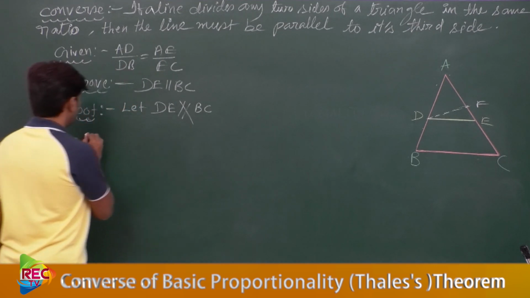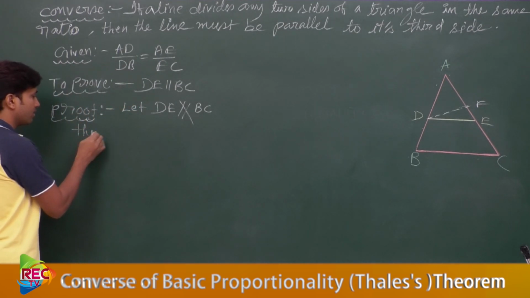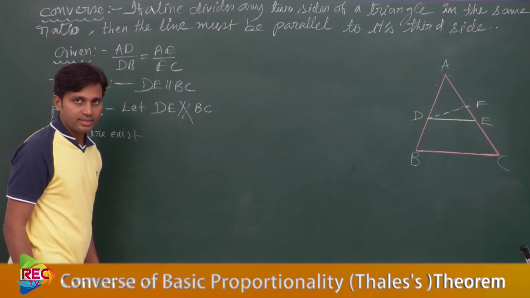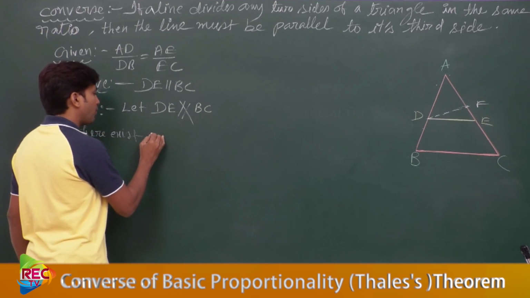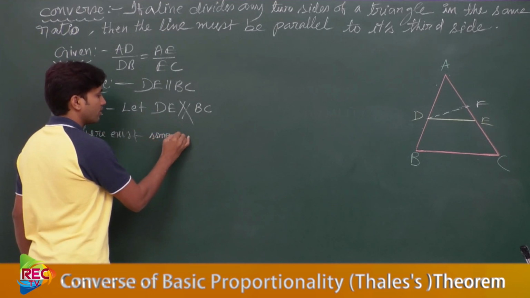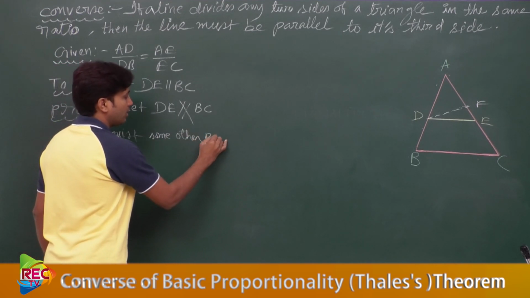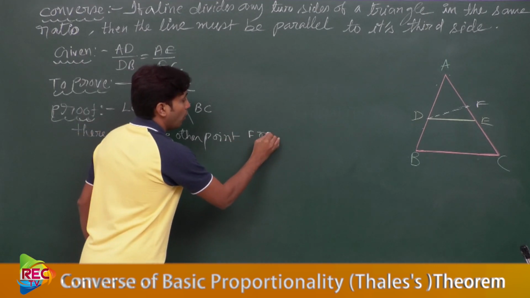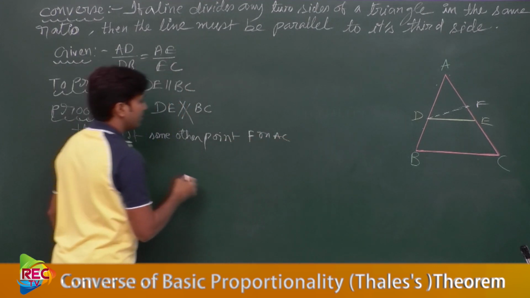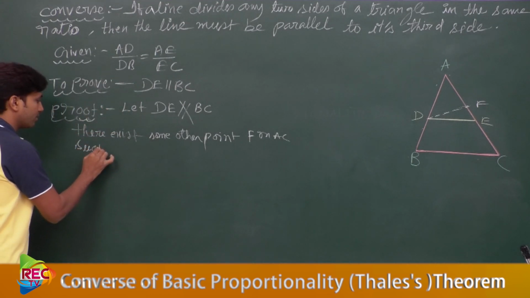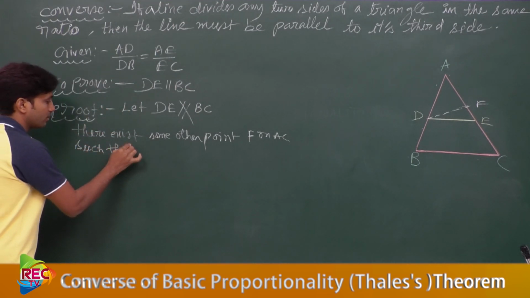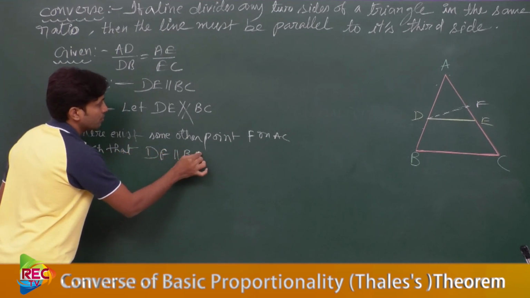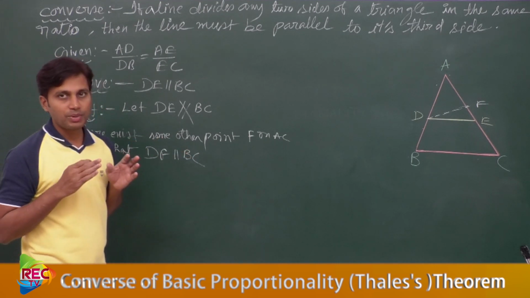That means there exists some other point F on AC such that DF is parallel to BC.